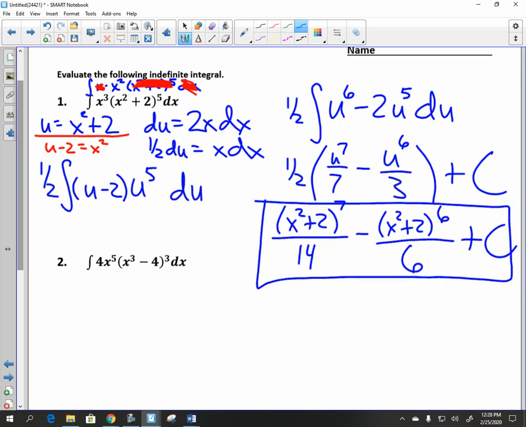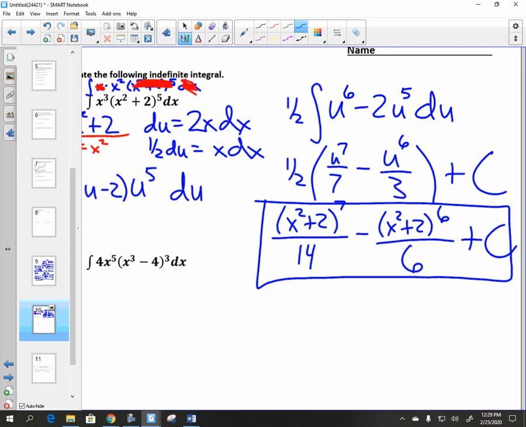Wow. It turns out that if you take the derivative of that, you come up with that. That's hard to see, isn't it?